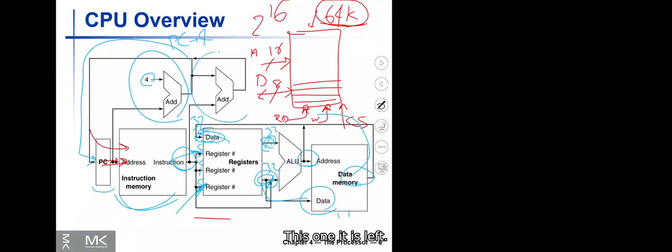This one, it is left. So what is this? Who could guess? What is left? Yes? Is that going to be responsible for updating the pointer for the program counter? It is, because it goes there. But what does it update? Because we have PC plus 4 here.